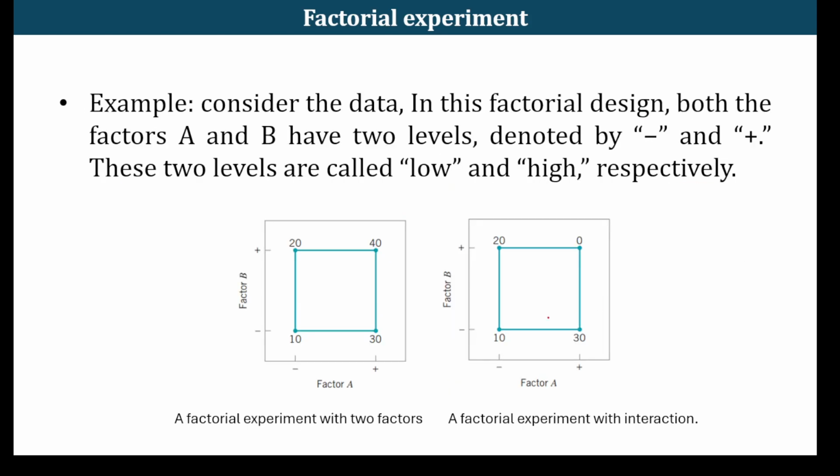Let's say we have an example. Consider the data in this factorial design. Both factors A and B have two levels denoted by minus and plus. These two levels are called low and high respectively. Now we want to check the effect of factor A. How can we get it?